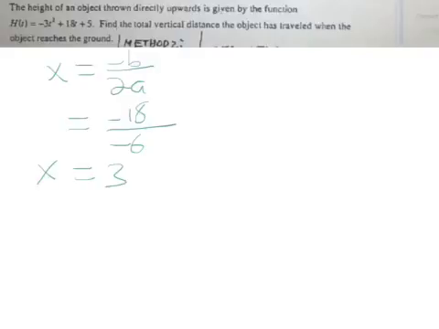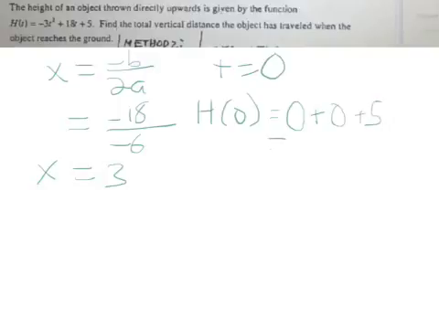So if t is equal to 0, we can find the height by plugging 0 back into my original equation for t. So instead of h of t, I'm going to get h of 0 equals negative 3 times 0 squared, which is 0, plus 18 times 0, which is 0, plus 5.